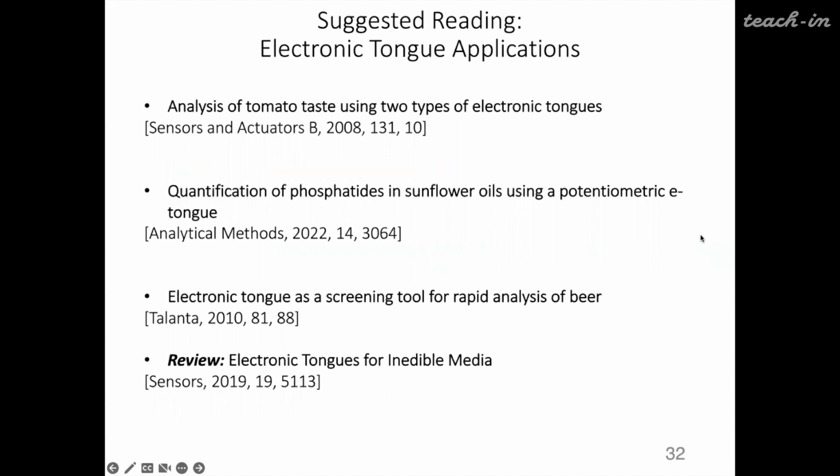Usually electronic tongues are practice-oriented, application-oriented. An electronic tongue can be used to study tomato taste, or sunflower oils, or it can be used even to study beer.